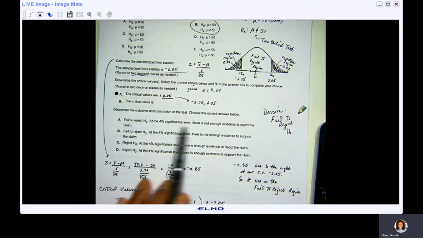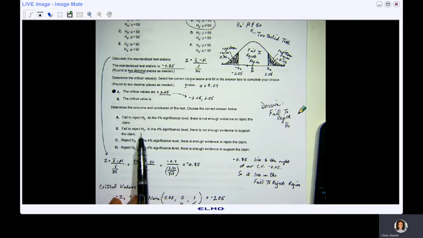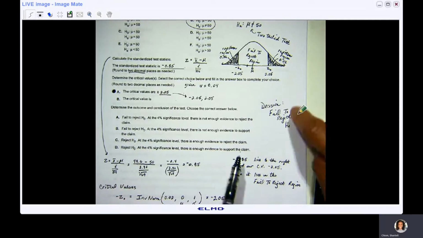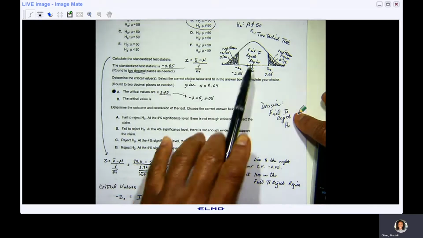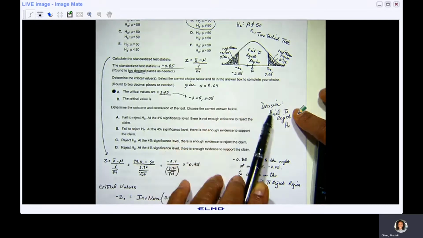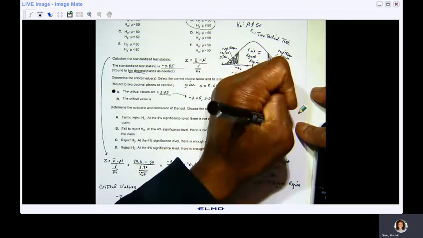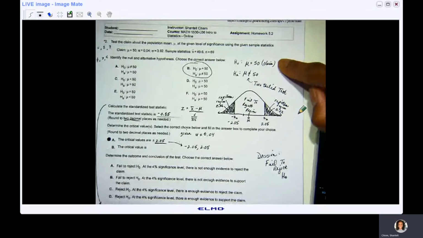What we're going to do now is interpret it here, checking multiple choice A, B, C, or D. But the decision, because again, our test statistic lied in the fail to reject region, is fail to reject H naught. Keep in mind that H naught was the claim.